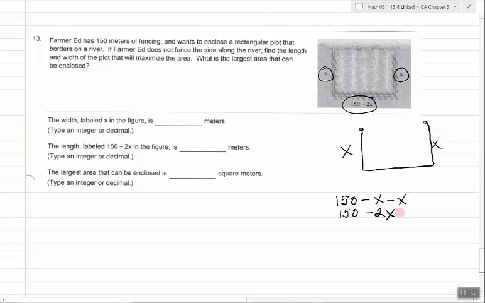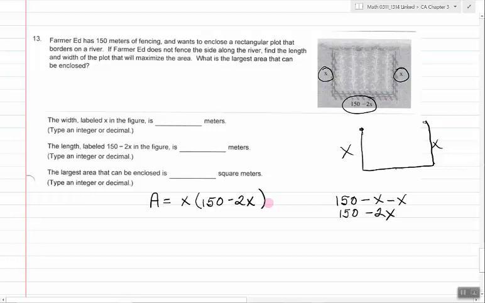Now, in this, I want to know the dimensions and the maximum area. This area, it is length times width. So it is X times 150 minus 2X. This would be like the width. This would be like the length.